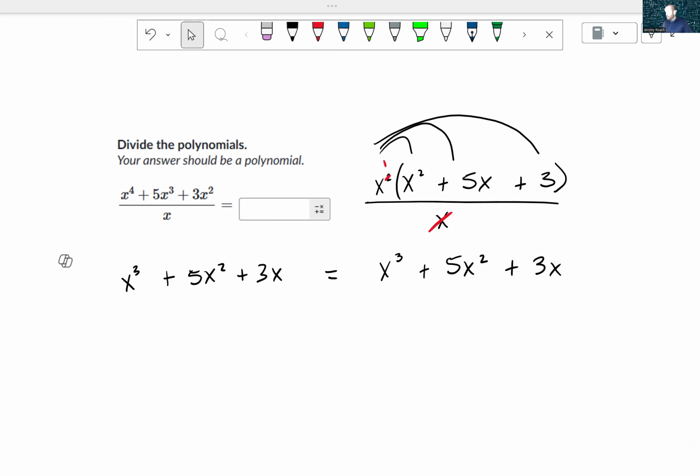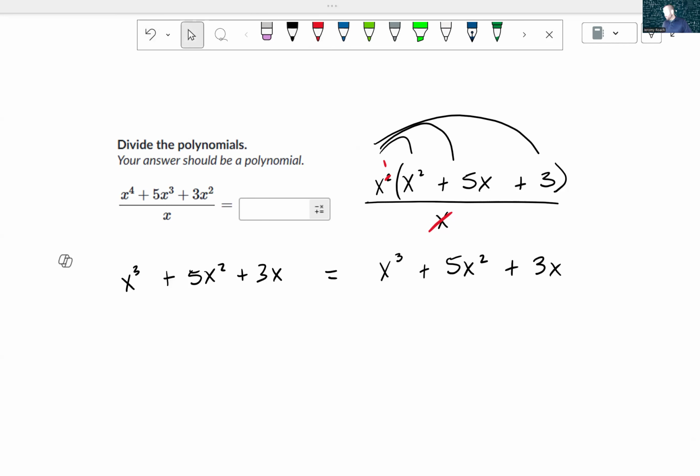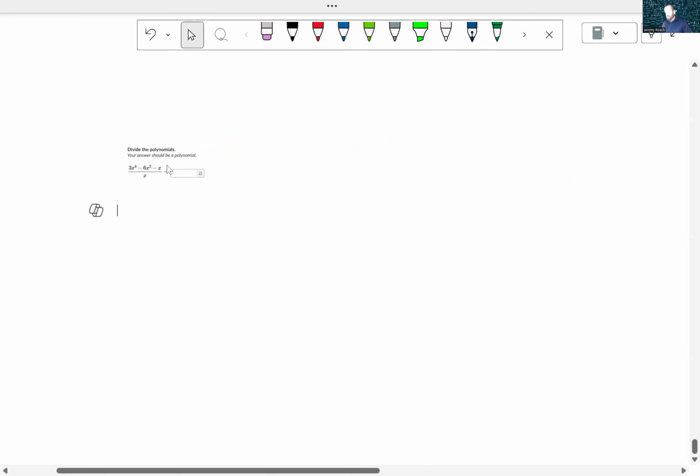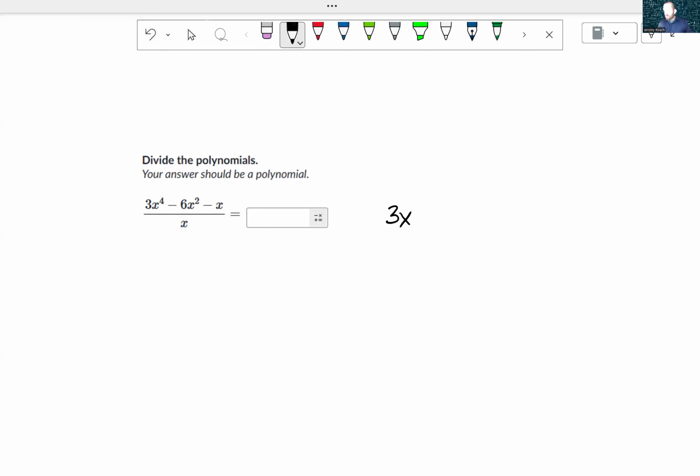So we have another one with a minus. This one we're still just dividing by x. I'm going to do this one without factoring and just write the answer. This is 3x cubed minus 6x minus 1. I didn't find the greatest common factor for that one. I just divided each term by x.